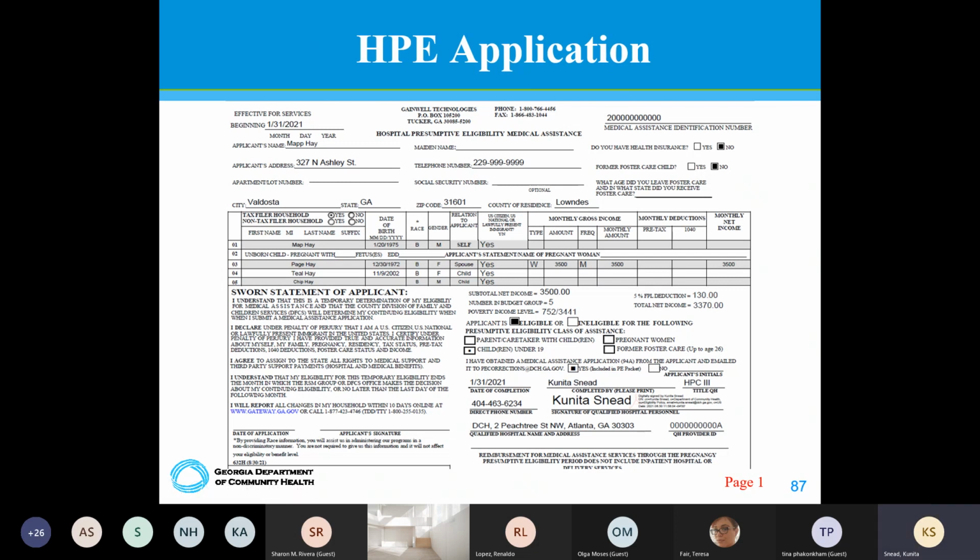So go ahead and fill out the name and the address. The telephone number is 229-999-9999. It doesn't matter about that. You can make up your own phone number if you want to, that's fine.